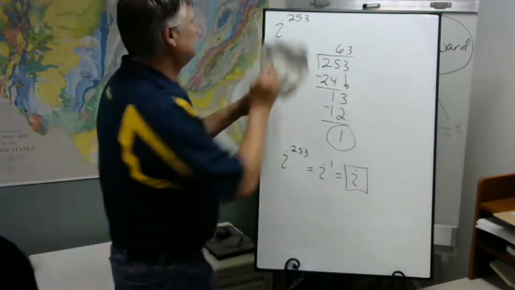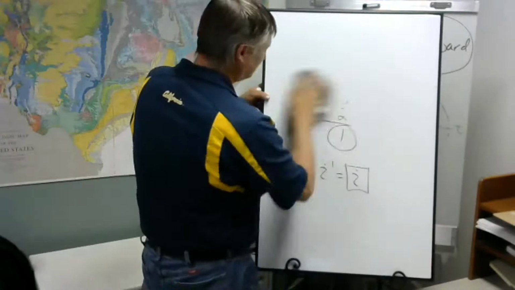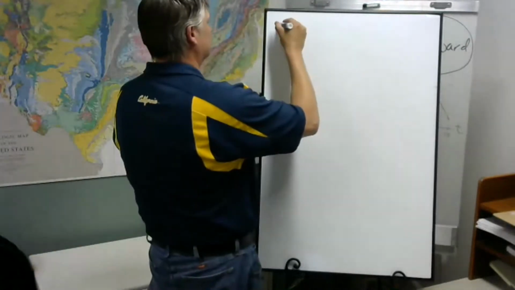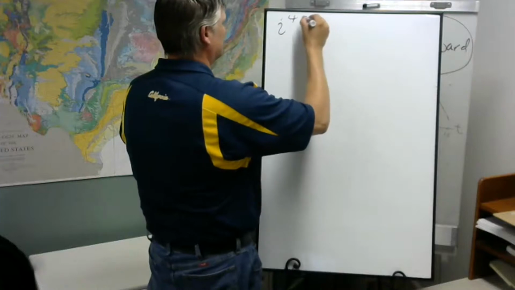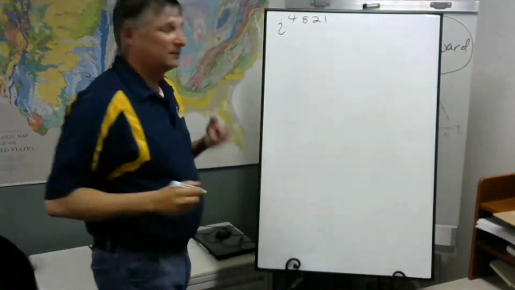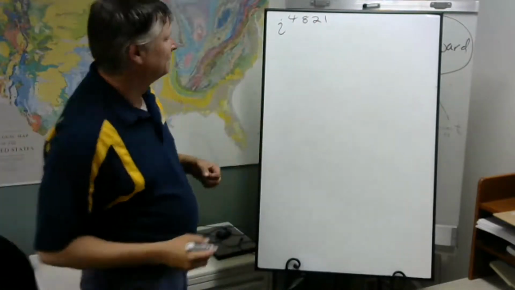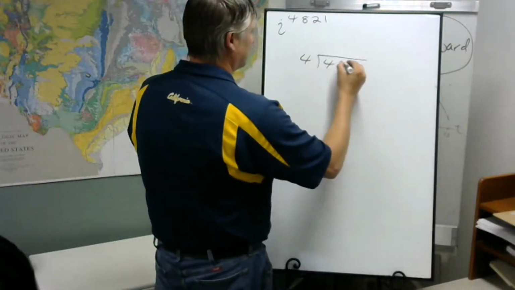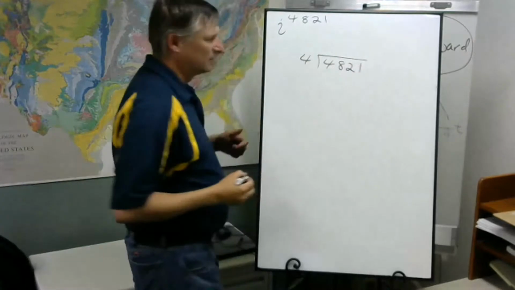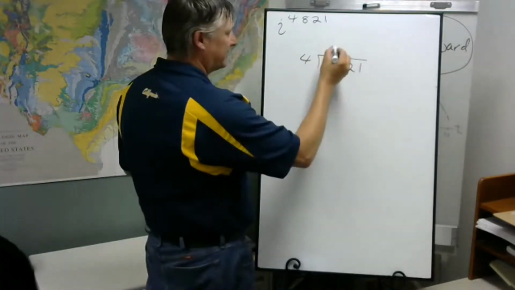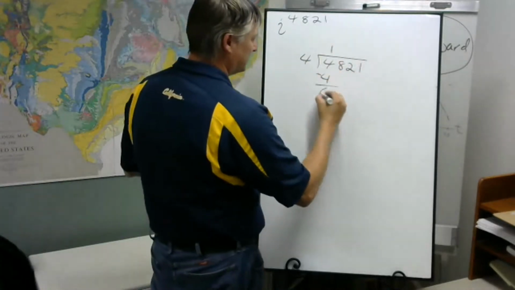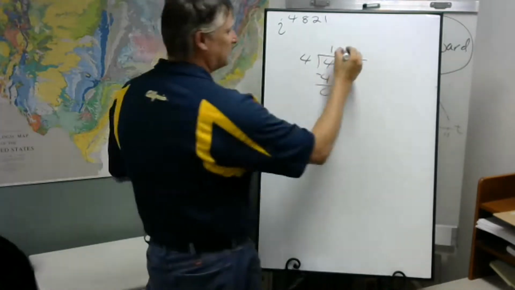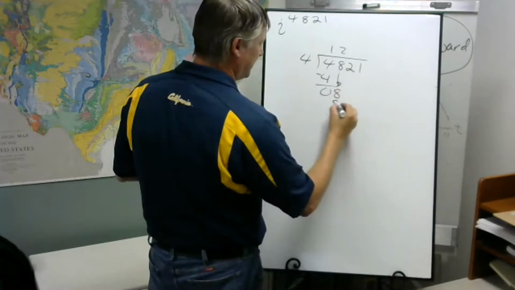Let me do another one. Let's say you want to figure out this. Well, again, we divide it by 4. 4 goes into 4 at most 1 time. 1 times 4 is 4. Subtract, 0. Bring down the 8. 4 goes into 8 2 times. 2 times 4 is 8.